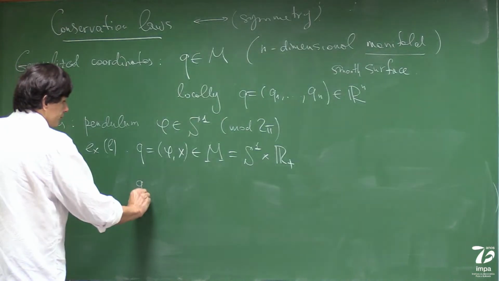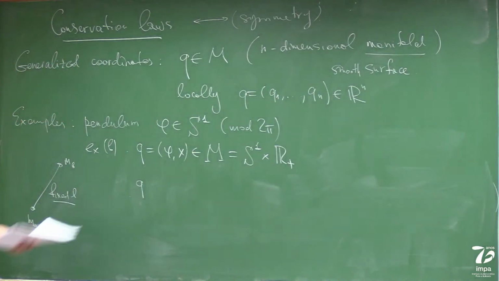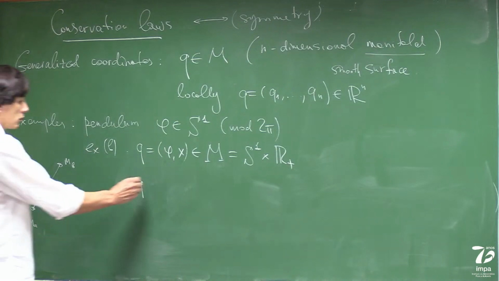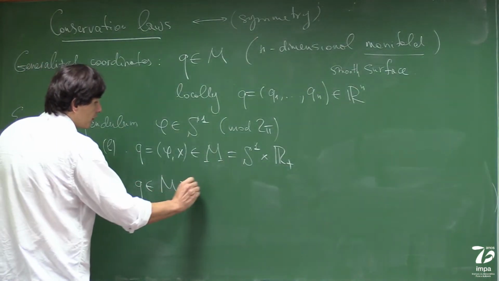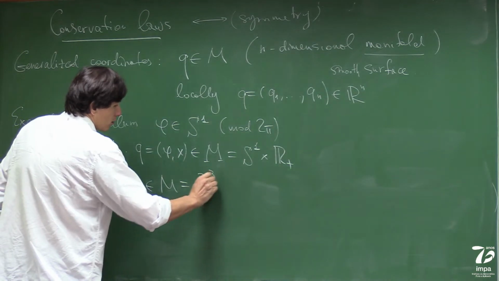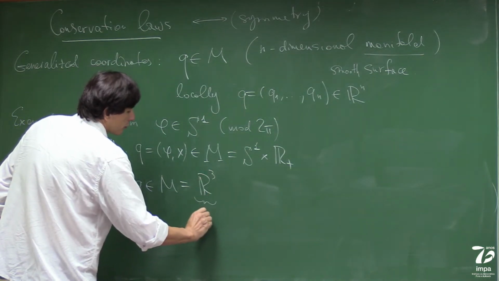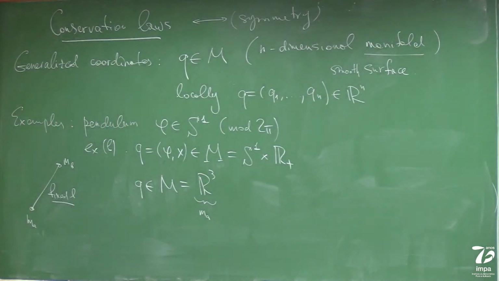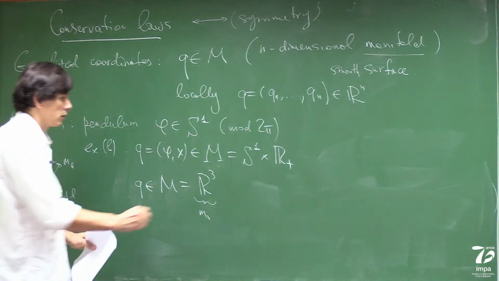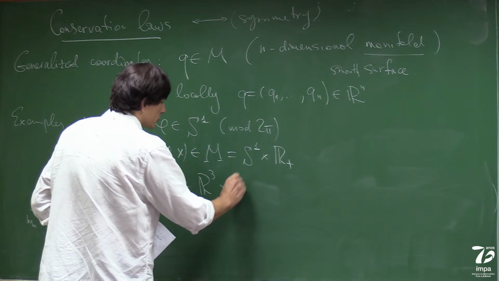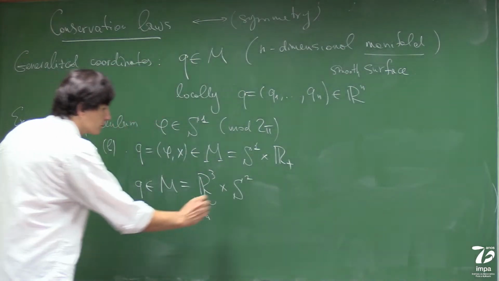So what would be the generalized coordinates? You can put coordinates to the first mass. So the manifold will be coordinates to the first point, right? And then the second point depends just on the direction of the vector. And the direction of the vector is a point on the two-dimensional sphere, the orientation.